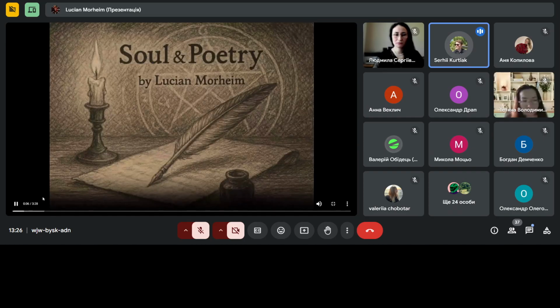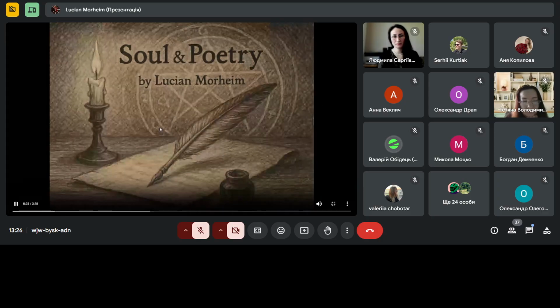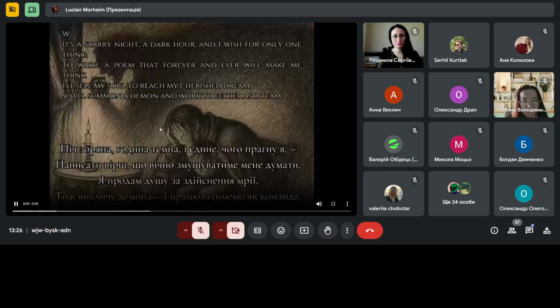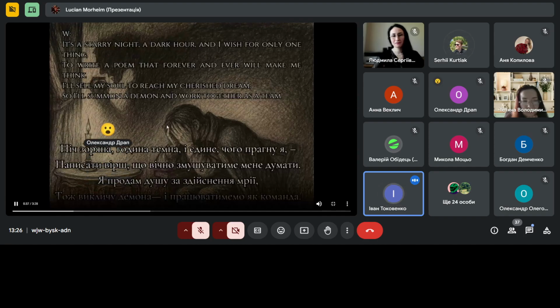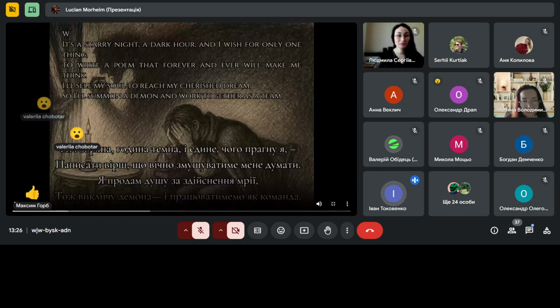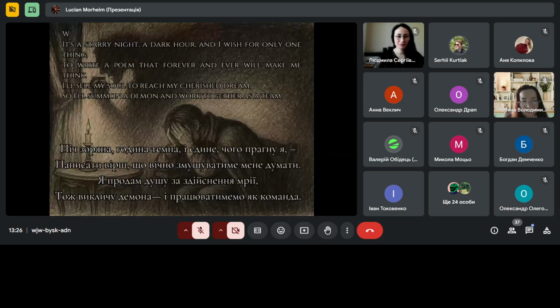Soul and Poetry by Lucian Moheim. It's a starry night, a dark hour, and I wish for only one thing: to write a poem that's forever and ever will make me think. I'll sell my soul to reach my cherished dream, so I'll summon a demon and work together as a team.